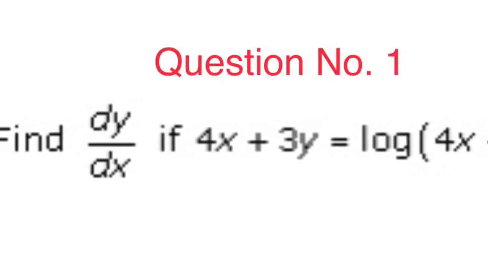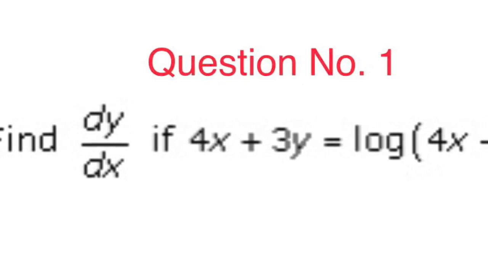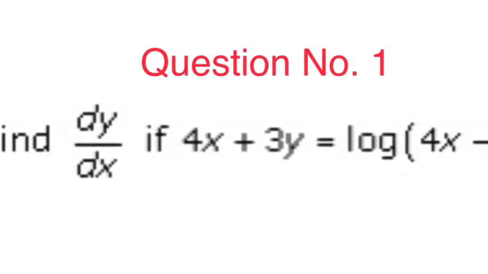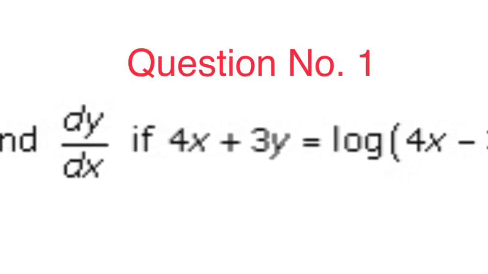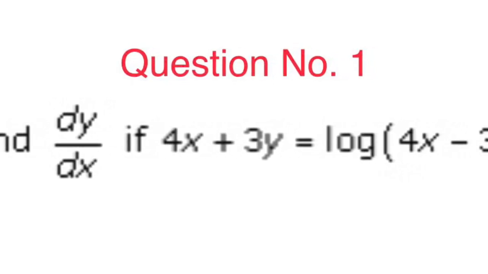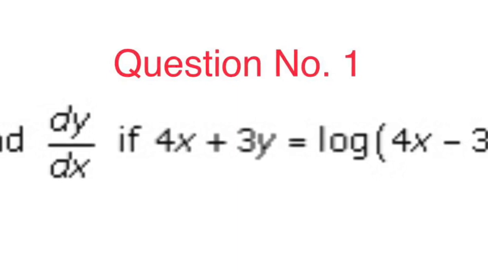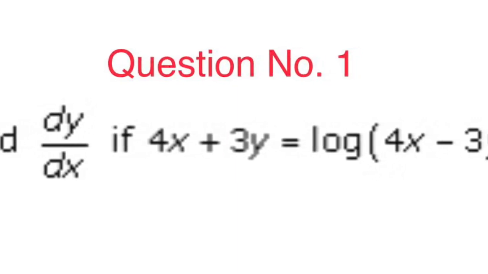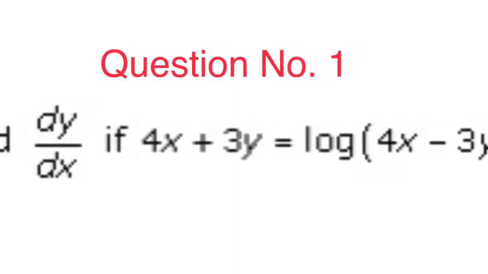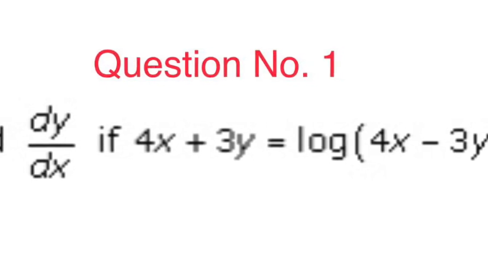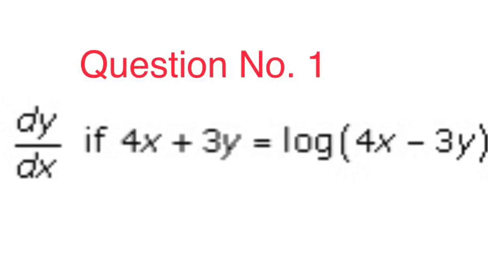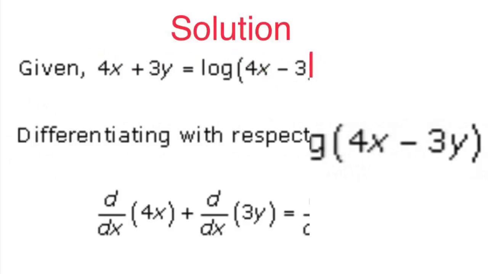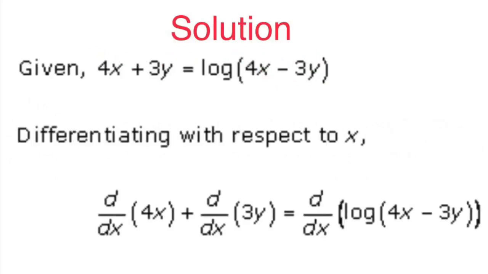Now we are going to solve some questions based on implicit differentiation. Question number 1. Find dy by dx if 4x plus 3y equals log of 4x minus 3y. Let's see the solution of this.